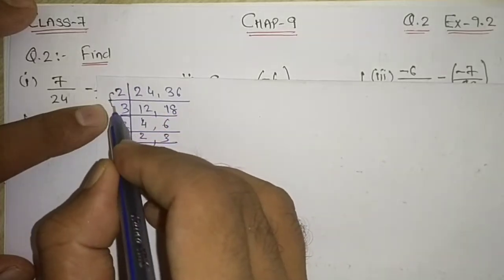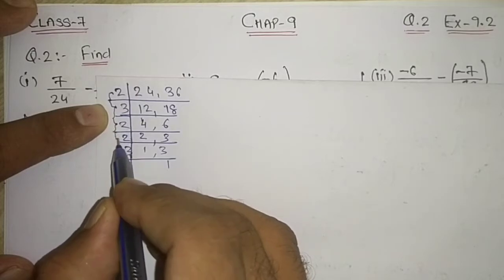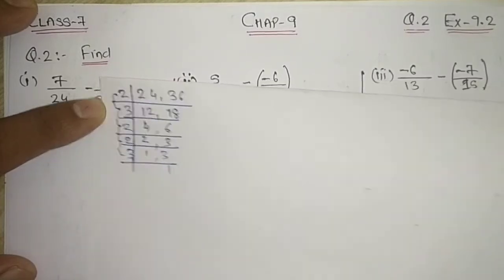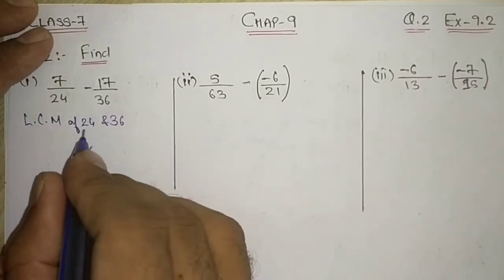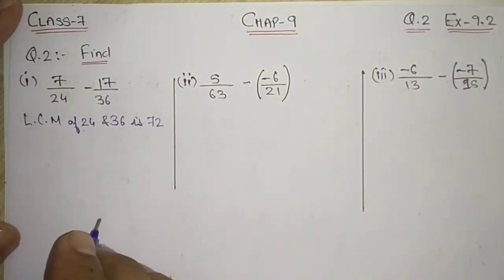Multiply it: 2 3's are 6, 6 2's are 12, 12 2's are 24 and 24 3's are 72. So our LCM of 24 and 36 is 72.